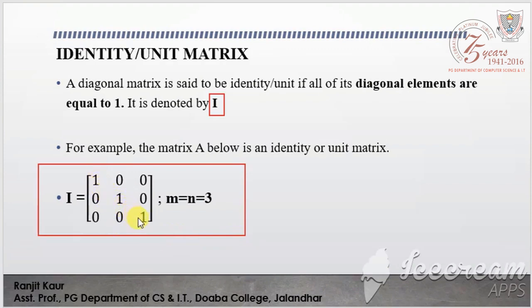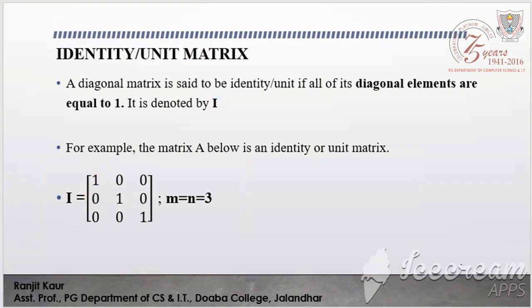All the elements of principal diagonal are 1, 1, 1 and 1. And all other elements other than principal diagonal are 0. So this type of matrix where all the elements of principal diagonal are 1 and all other elements are 0, such type of matrix is known as identity matrix.